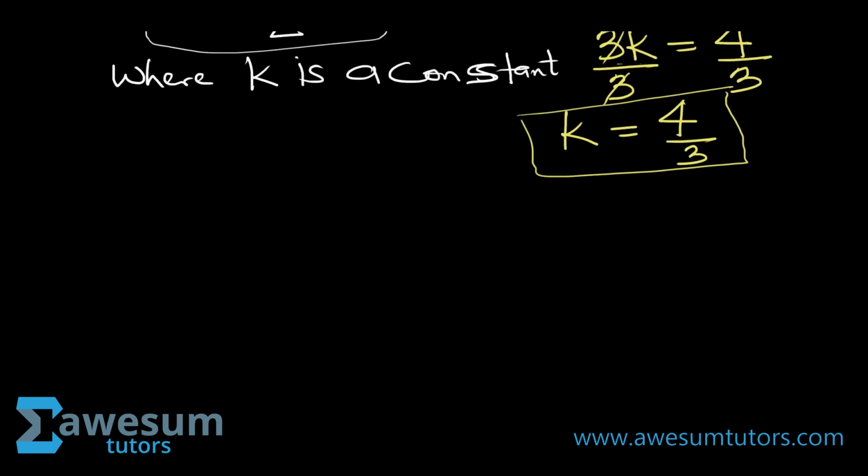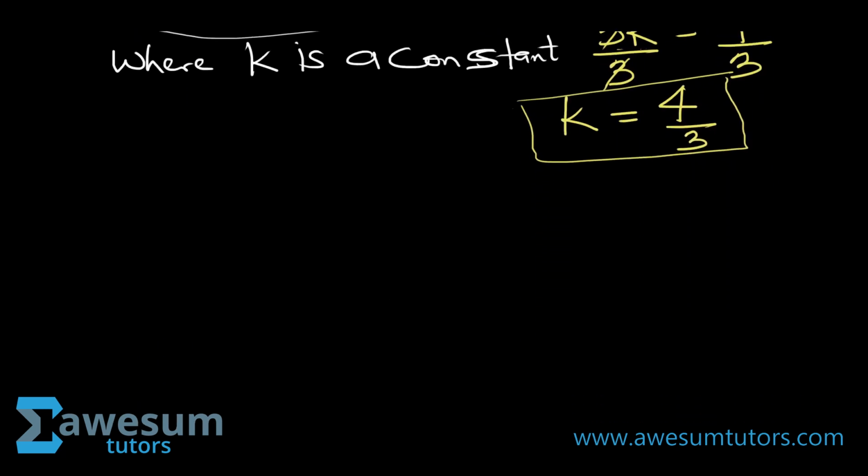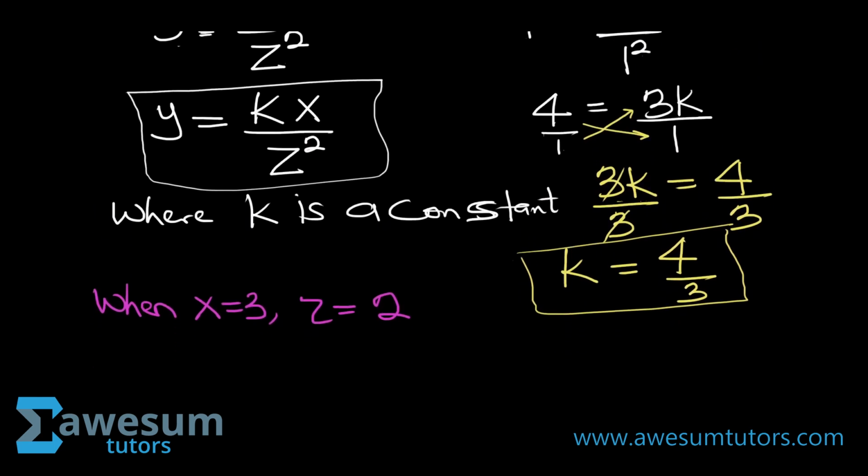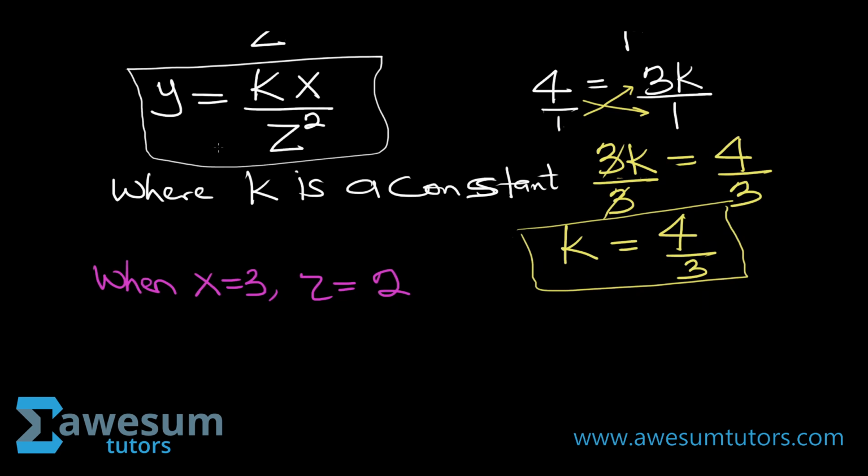So we will come here and say that when x equals 3, z equals 2, we have been told to find y. Now, the first thing you are going to do is come back to this relation that you have right here: y equals kx over z squared.